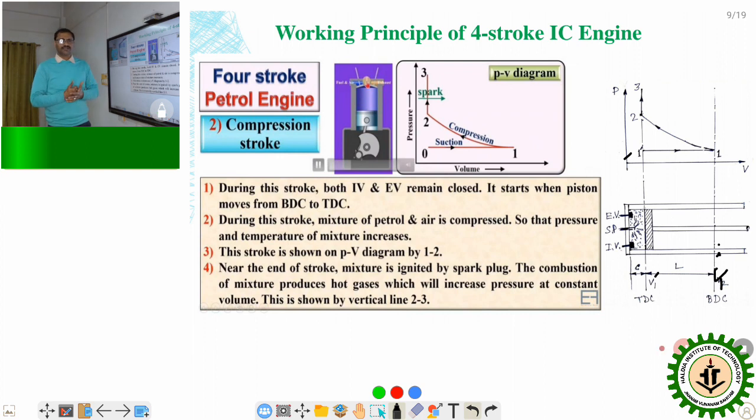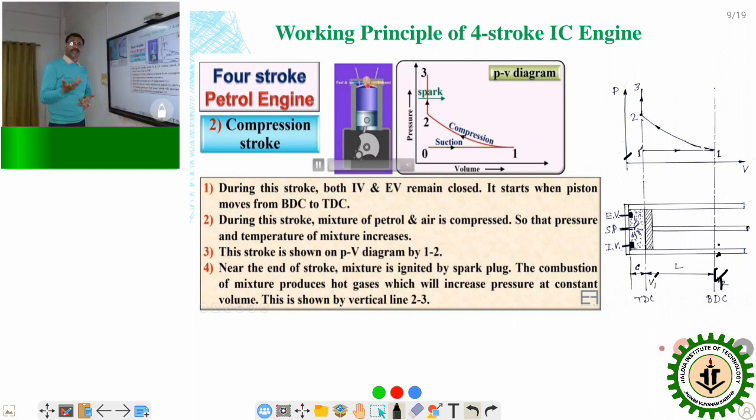After sparking, suddenly within a fraction of a second, say 1 by 100 second or 1 by 1000 second, the combustion of the petrol will take place. Then what will happen? The piston will not get the time to move backward. Suddenly the pressure will be very high, from 2 to 3, within 1 by 1000 second.